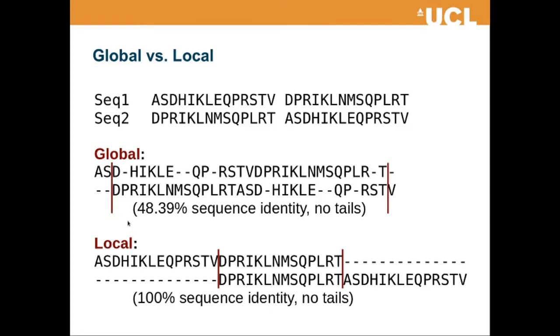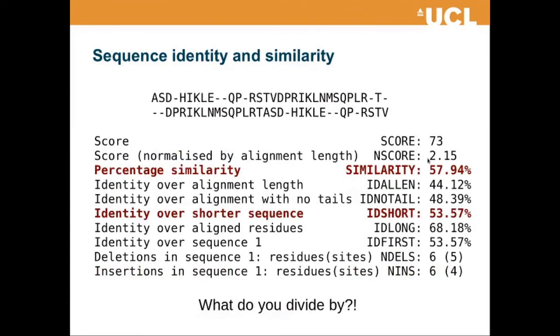If we did a local sequence alignment with the same pair of sequences, this is what we end up with, and we get 100% sequence identity with no tails. So again, ignoring these regions here. This is the output from a program of mine called NW, which does the Needleman and Wunsch sequence alignment.